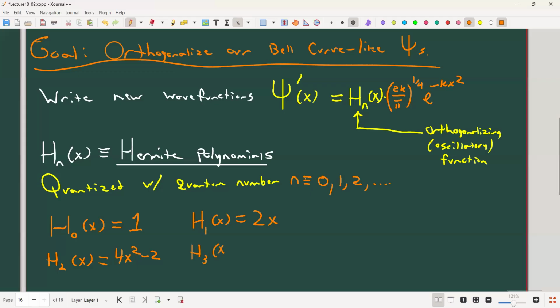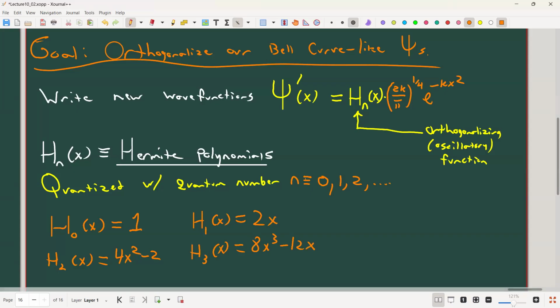And H3 of x is 8x cubed minus 12x. They're just random polynomials. Strange. I just said that they're oscillatory functions. These are polynomials, not oscillating at all. Kind of an odd concept.